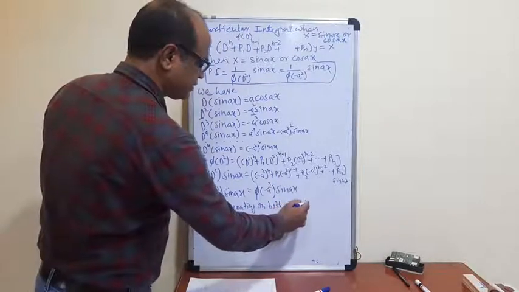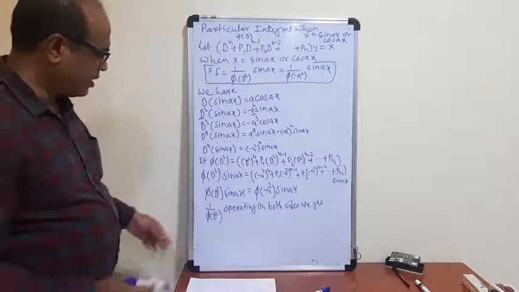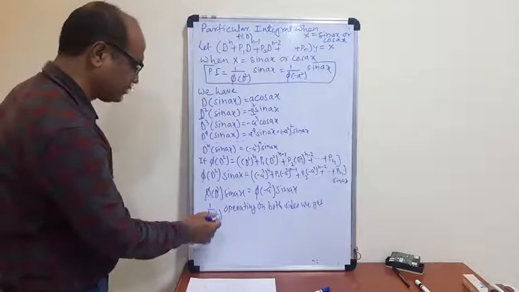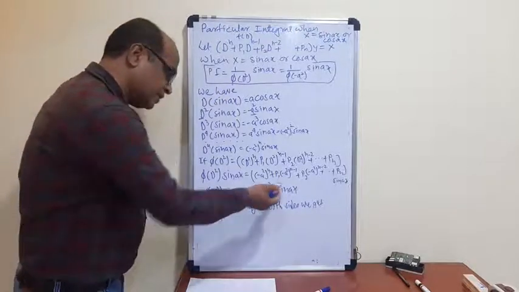So the operator 1 upon phi of d square operates on both sides of this equation.